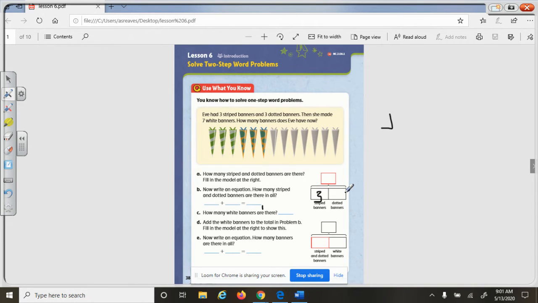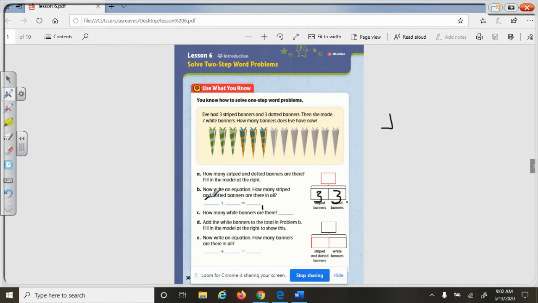We do know that the dotted banners are 3. And so we've got to figure out how many she has first.